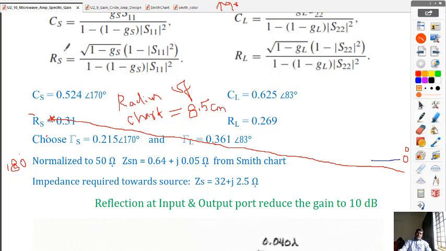Now you multiply the 8.5 centimeter with this number 0.524. When we multiply the 8.5 with 0.524, which gives 4.45 centimeter. So the corresponding value to locate on the Smith chart is 4.45 centimeter.